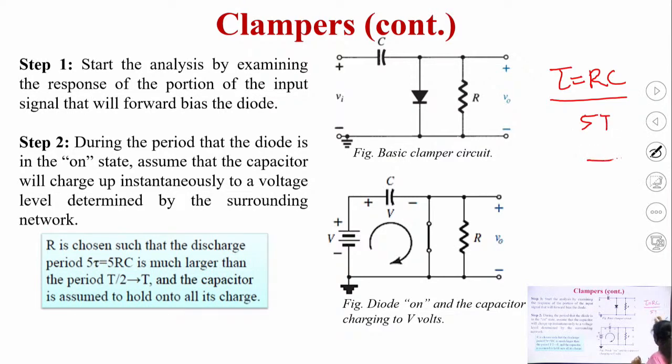That means it requires about 5 fundamental time periods of the input signal to be completed during the charging or discharging of the capacitor. So we always prefer that the capacitor should be charged through the diode, and that will only be possible when the diode is in the forward bias state.